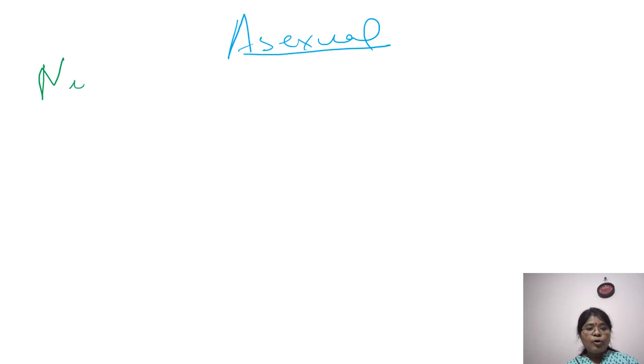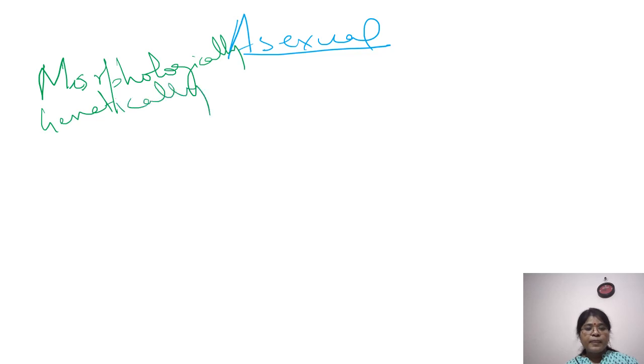Okay, now moving on towards our asexual mode of reproduction. So let's see, I will introduce you to the asexual. Asexual means what? That the organisms are morphologically and genetically similar.